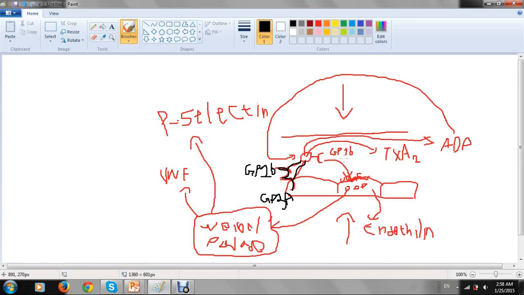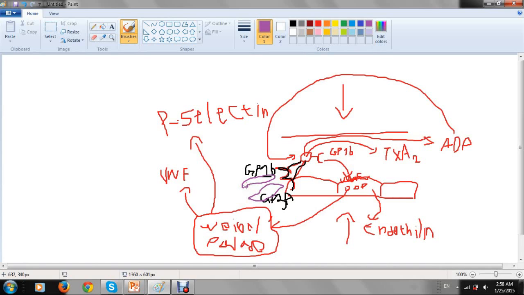And the importance of those receptors is fibrinogen. Okay, let's put it in a different color. Fibrinogen. Again, another molecule. I like to think of fibrinogen as a linker molecule. Basically, it's used for linking.